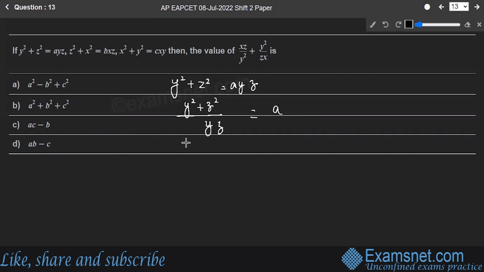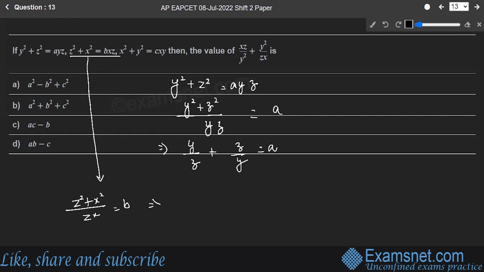Similarly, let's open up this further. You will get y upon z plus z upon y is equal to a, first thing. Similarly, you will get the second one. I'll pick up this one. So let's solve this. So you will have z square plus x square upon zx is equal to b, which gives you z upon x plus x upon z is equal to b.